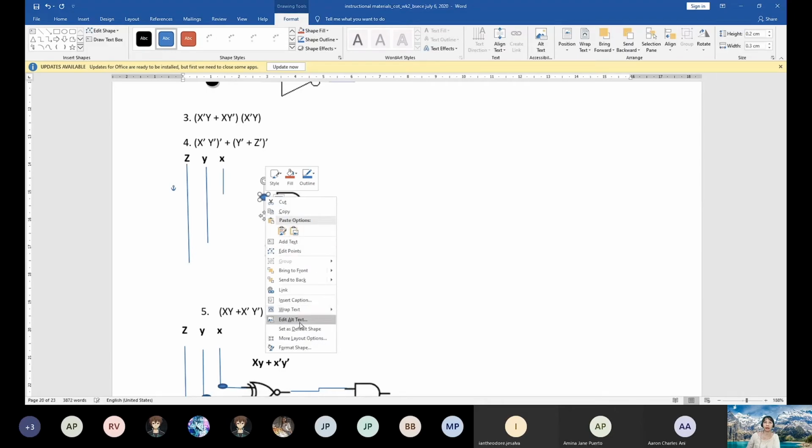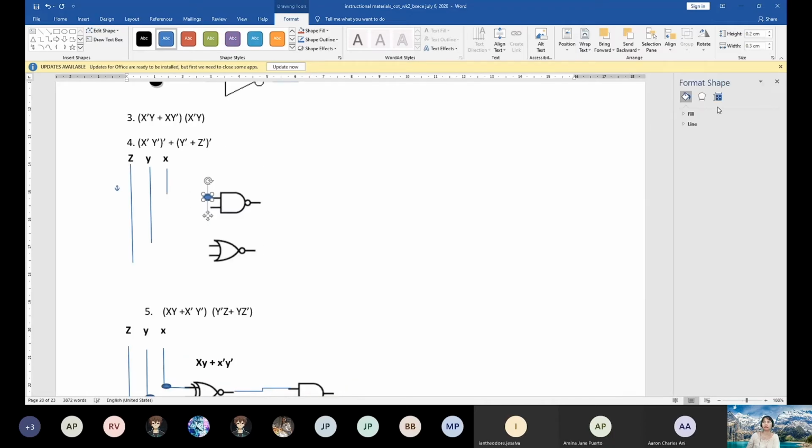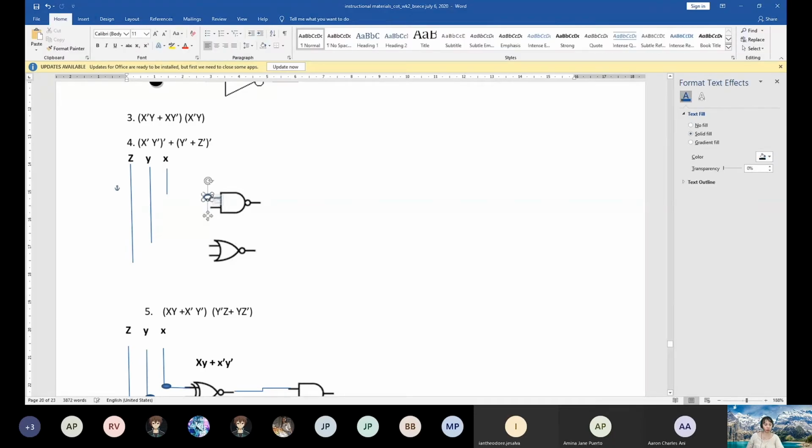An inverter can also be symbolized by a bubble. A bubble means inversion also. So same with Y prime and Z prime, so we need 2. This is also acceptable. So X prime, Y prime.